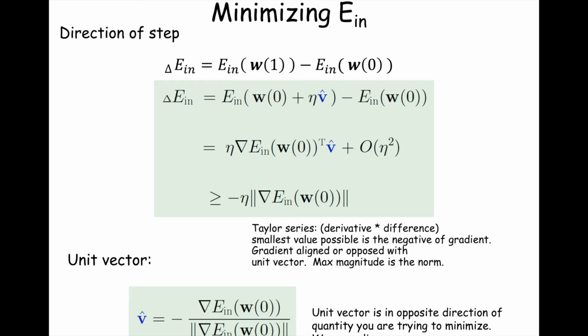Newton's methods are based on things that arise from the Taylor series. But nonetheless, our step size we know is eta. You're going to take a step eta amount of distance in the direction V hat, assuming that the local slope is constant.